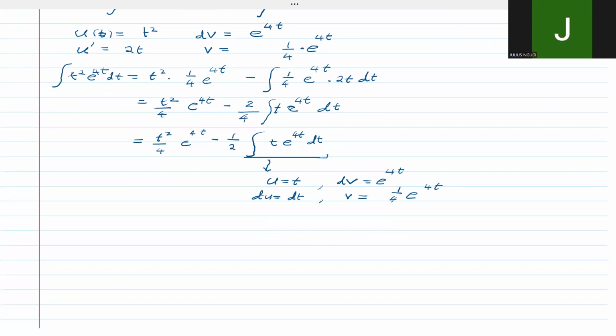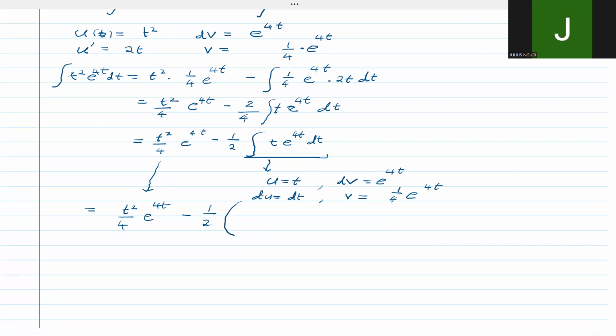So if we continue here, we have t squared divided by 4 e to the power 4t, the first part, minus a half. And now recall the formula for integration by parts.